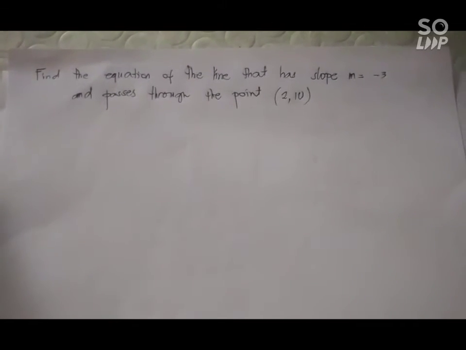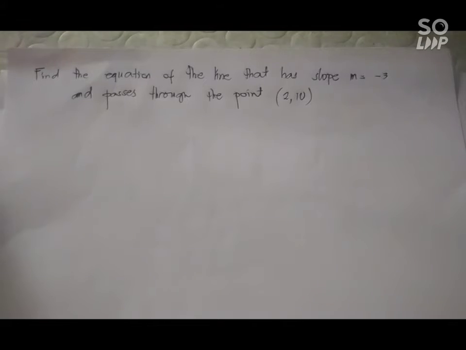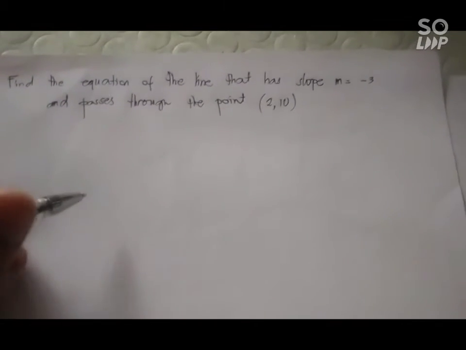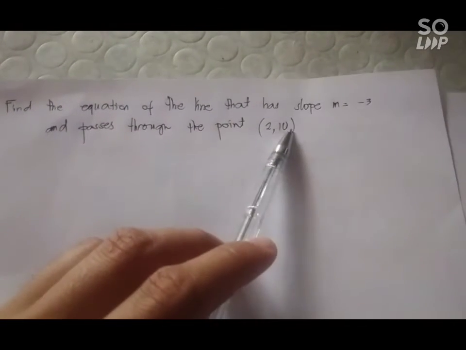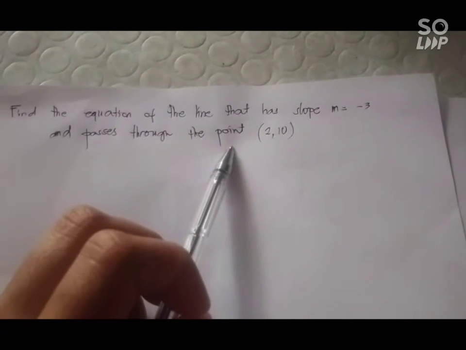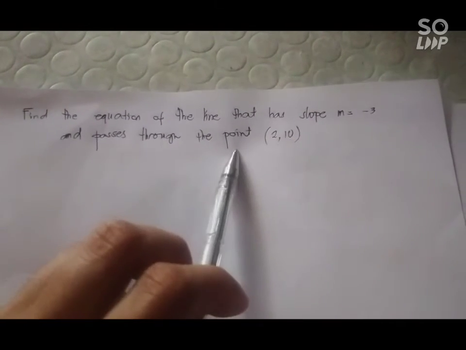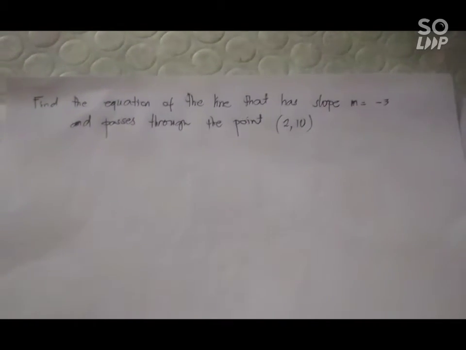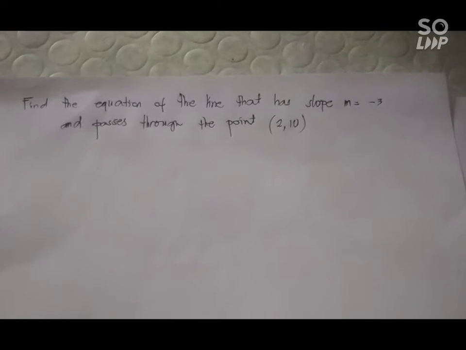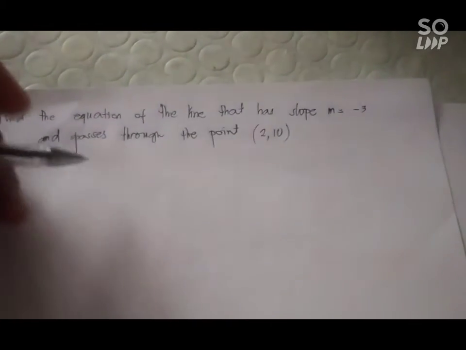Sample. Find the equation of the line that has slope m equals negative 3 and passes through the point 2, 10. So, ang atong hint dani niya which is ang slope tapos ang point na siya point na slope na passes through the point. So, which is ang ato day formula gamiton ang point slope form. Kay naman siya slope tapos na point na passes pa yun moagi pa diha.